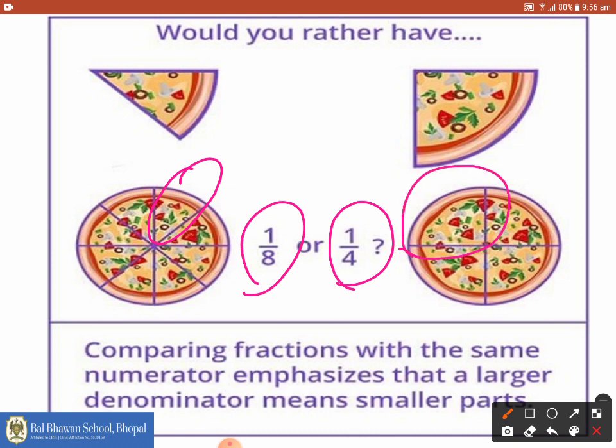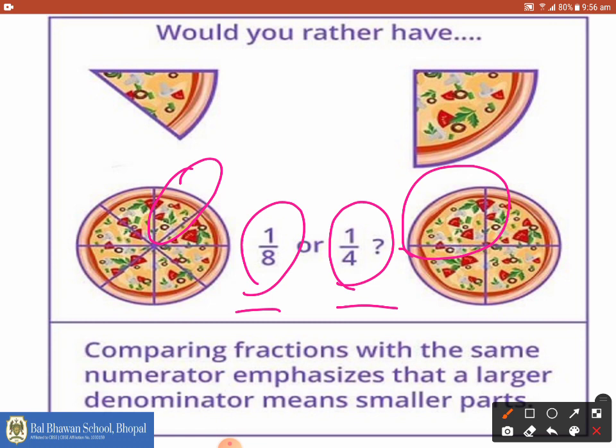So when the whole is divided into more number of parts, the size of the part will be smaller, and when the whole is divided into less number of parts, the size of the part will be bigger. Whenever we compare fractions having same numerators and different denominators, the fraction whose denominator is greater is actually a smaller fraction.